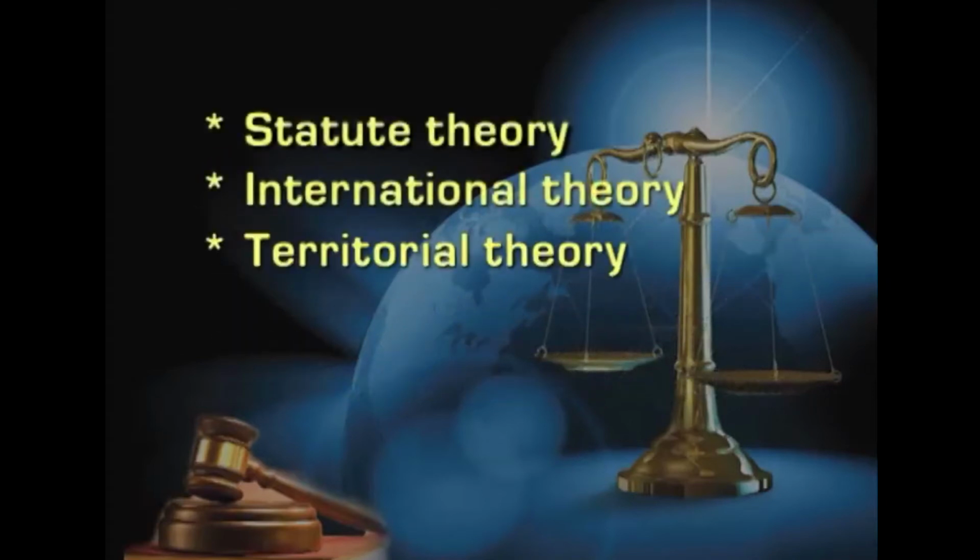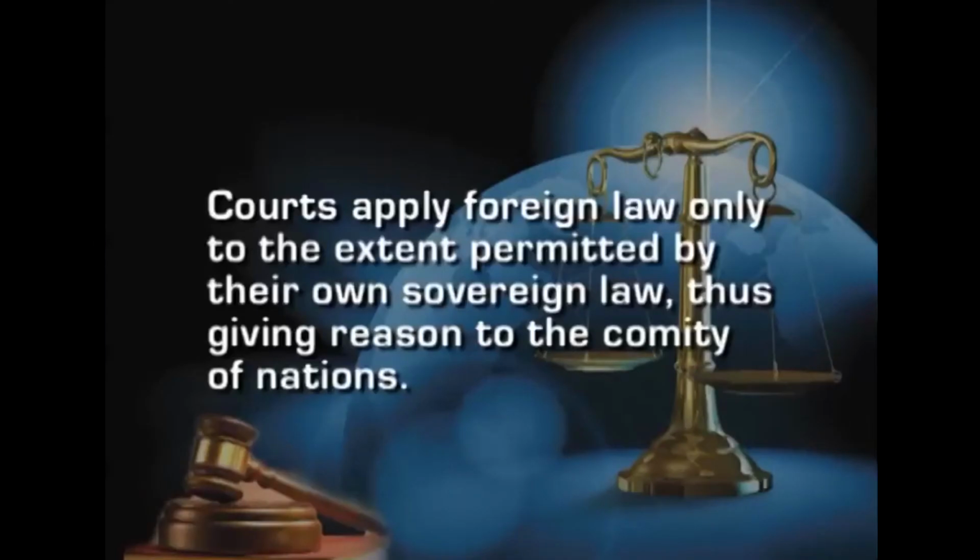Now, the third tradition is called the territorial theory. Dutch jurists picked up the real statutes and theorized it into the territorial theory. They say that courts apply foreign law only to the extent permitted by their own sovereign law, thus giving reason to the Comity of Nations. The theory also gained support in England.